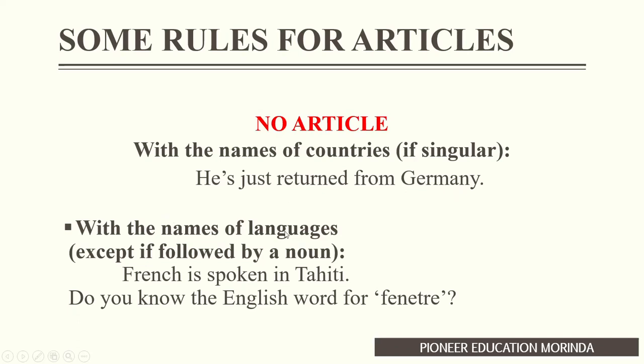With the names of languages, except if followed by a noun, for example, French is spoken in Tahiti. Do you know the English word for furniture? So it means if the language is followed by a noun, the English word, then we use the, otherwise we do not use any kind of article.